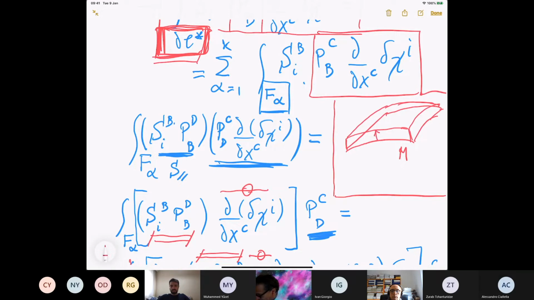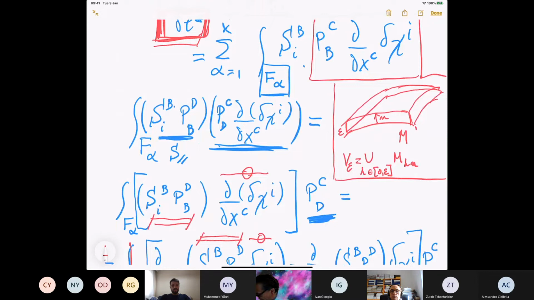If small n is the normal of M, we translate by epsilon along the normal of M. And we consider V epsilon as the union, with h belonging from 0 to epsilon, of M plus hn, the surface M translated along the normal by the amount h.